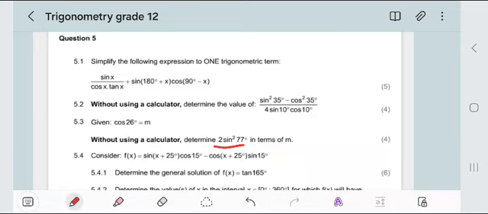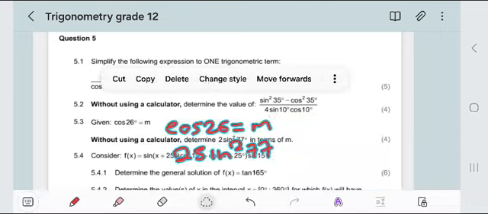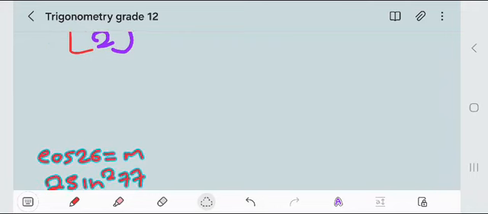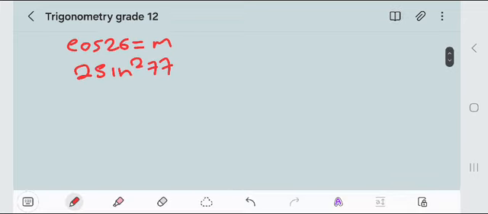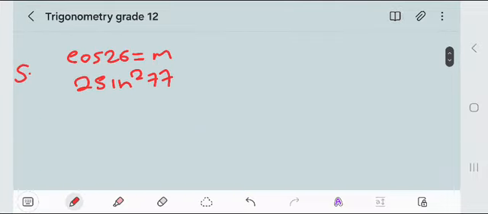We were given cos 26 is equal to m. Then they ask us to determine 2 sine squared 77 without using a calculator. This is 5.3.